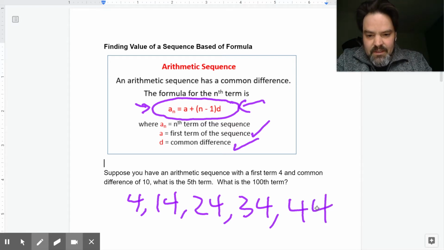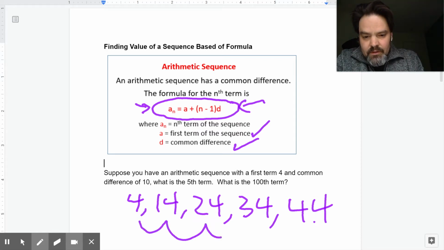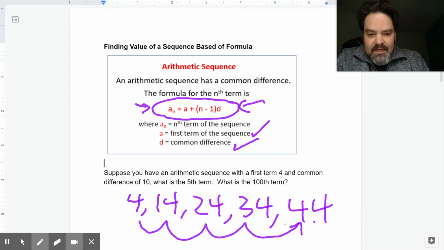Okay, so let's think about that. To get from the first term to the fifth term, we had to add 10 1, 2, 3, 4 times. So one less than the number term that it is.